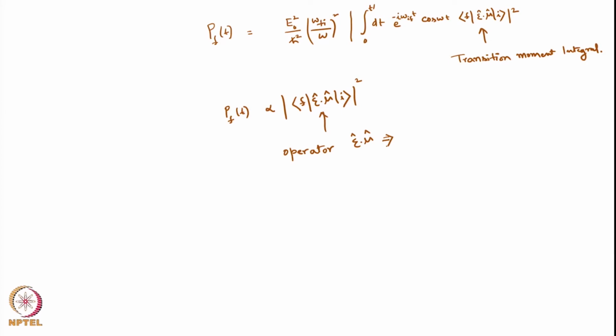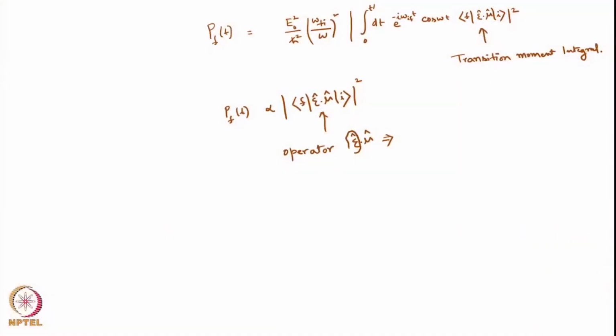By the way, dipole moment is not the same as the permanent dipole moment mu naught. It is the dipole moment of the molecule, and epsilon is nothing but your electric field. So, the electric field must be parallel to the dipole moment, or at least should have some projection; it cannot be perpendicular.